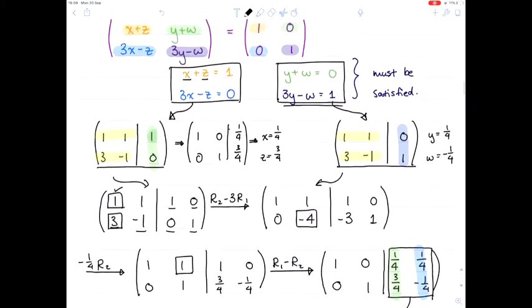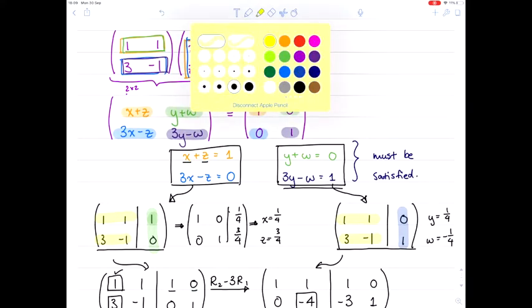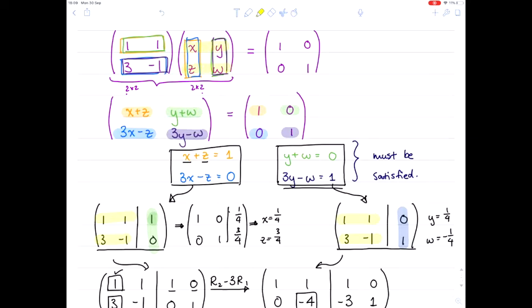But if you look at how we originally defined the matrix that we were looking for, all the way up here, that was with x, y, z, and w, and here we've got x is 1 quarter, y is 1 quarter, z is 3 quarters, and w is minus 1 quarter.